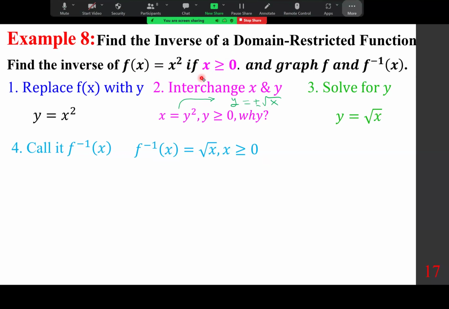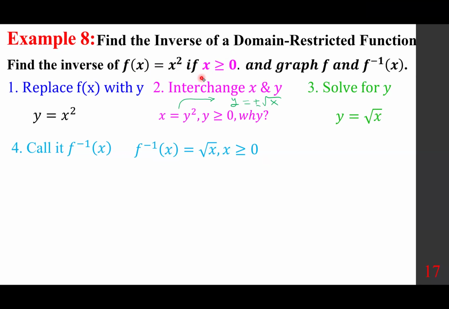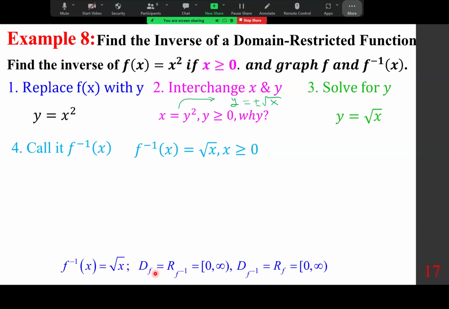Now, let's look at their composite function, f of f inverse. And again, f inverse of x, we said is square root of x. Domain of f, d representing the domain, r representing the range. Domain of f is range of f inverse, 0 to infinity. Domain of f, 0 to infinity. And that would be the range for f inverse.